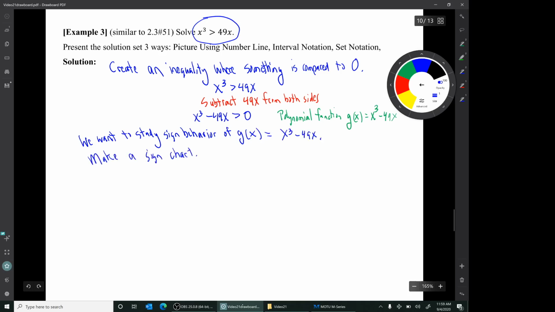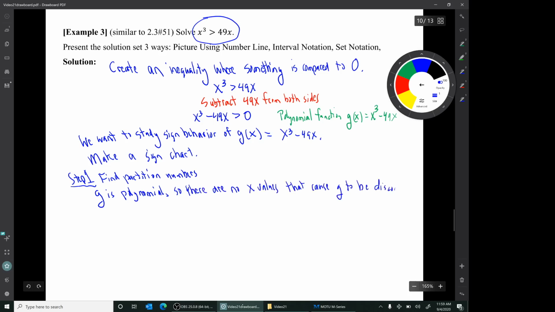So our first job in making a sign chart is to find the partition numbers. So g of x is a polynomial, so there are no x values that cause g to be discontinuous. So we need to solve the equation g of x equals 0.